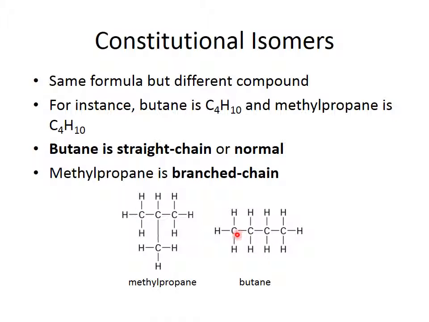There are no carbons here connected to 3 carbons. So the connectivity is different. So butane right here is called an isomer of methylpropane. Butane is what's called a normal or a straight chain alkane, and methylpropane is called a branch chain. It has a substituent on it, the methyl group.